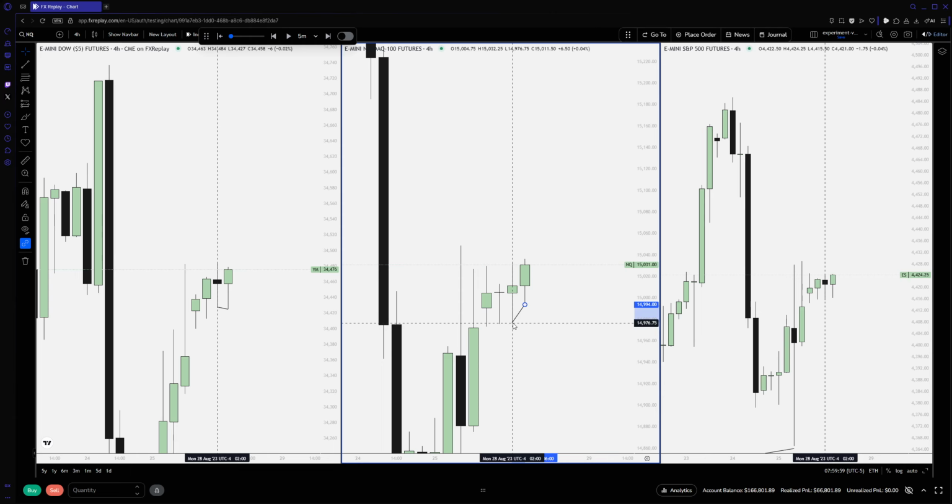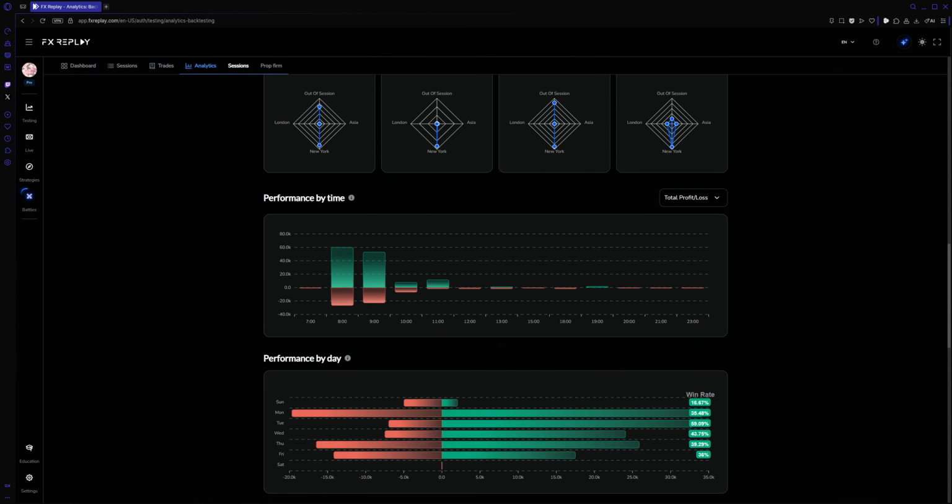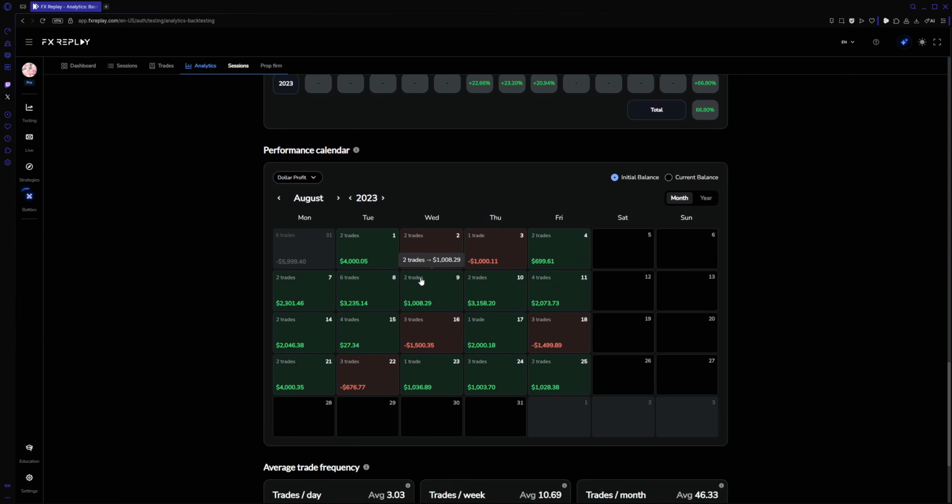My biggest weak area right now is execution. If we look at my analytics, what I've found is that I'll have a loss and then a win, a loss and then a win, a loss and then a win. This was a loss. I think this was either two losses and then a win, or a break even, a loss and then a win.